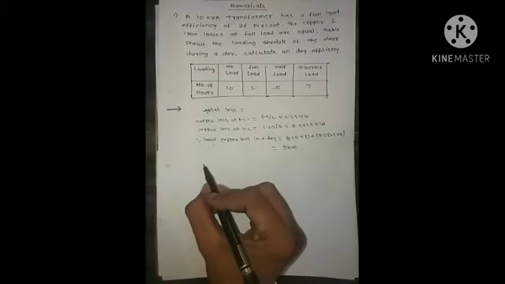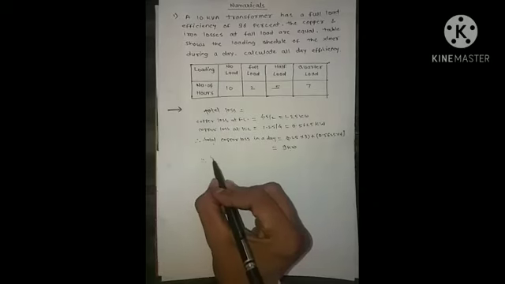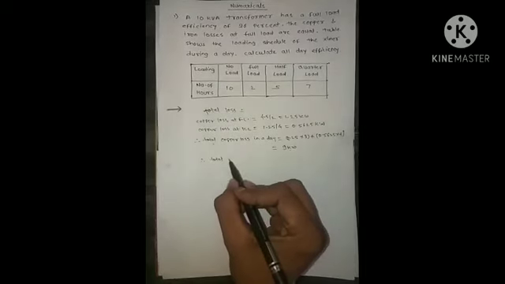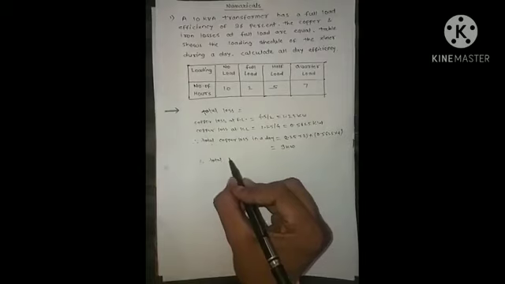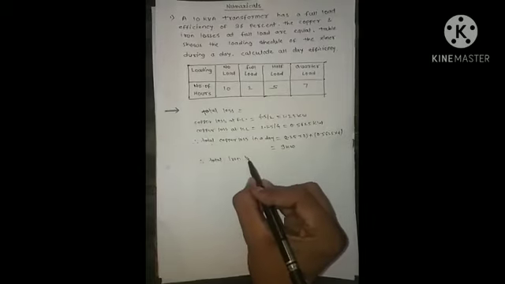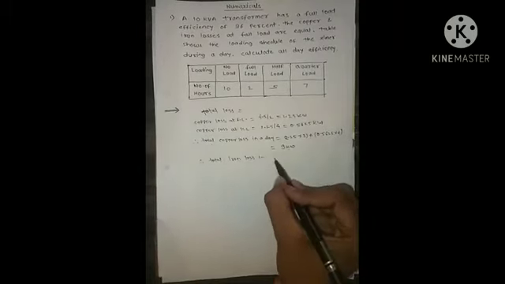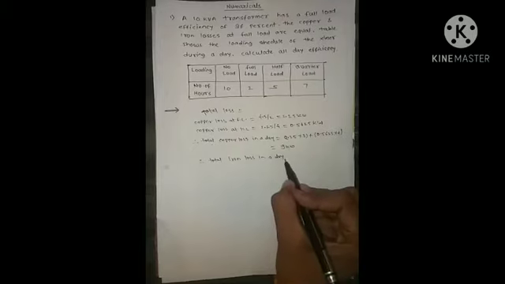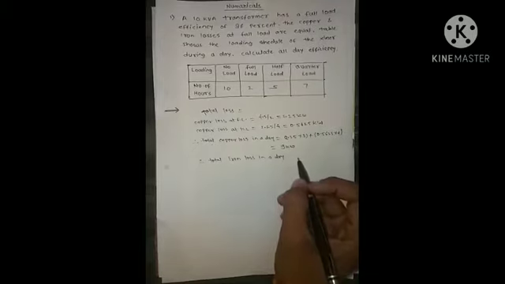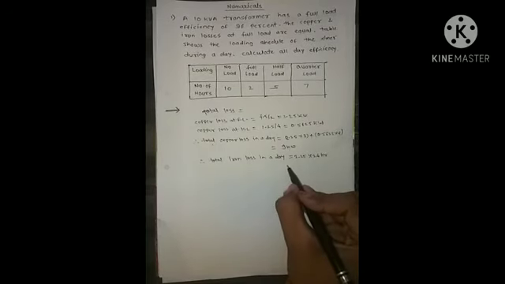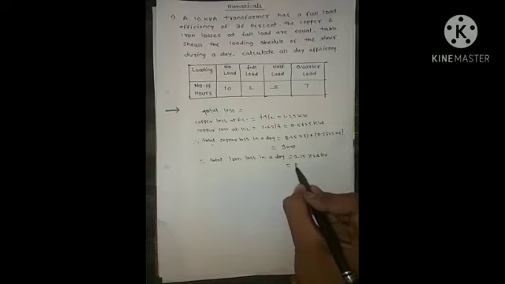After that we have to calculate the total iron loss. Therefore the total iron loss in a day equals 2.25 into 24 hours. After calculating we will get 54 kilowatt hour.